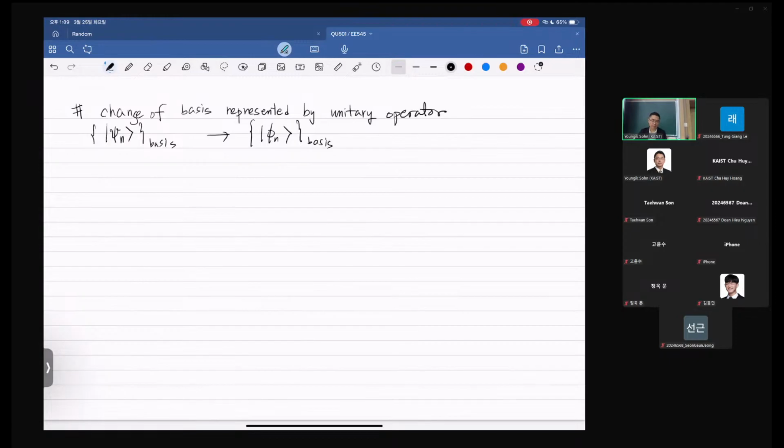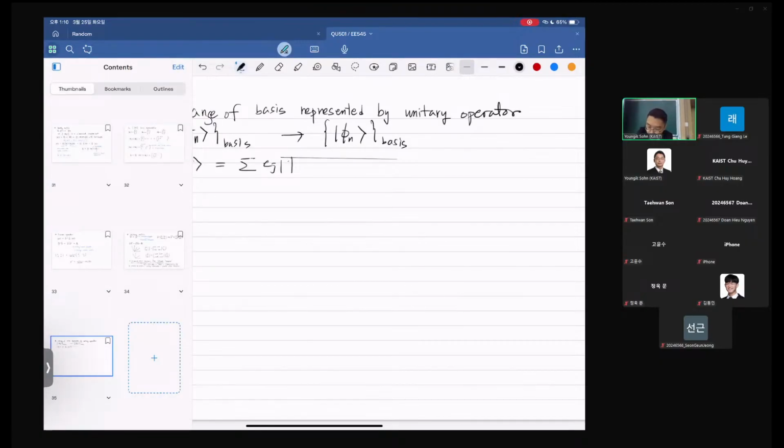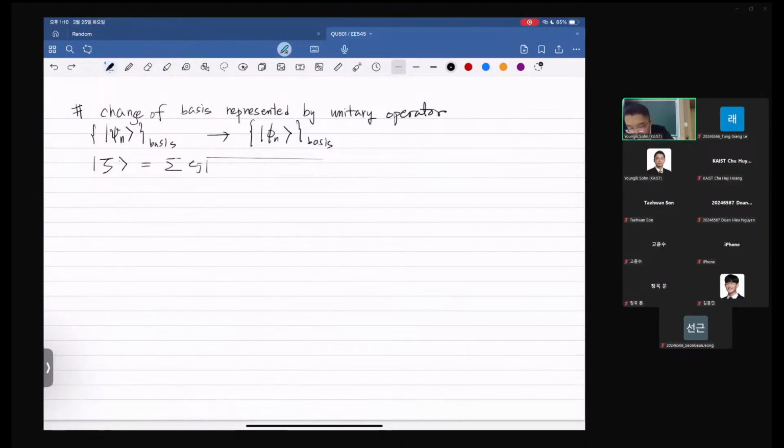And then how do you find its matrix representation? That's the question. So let's say there is this quantum state, c_j psi_j.